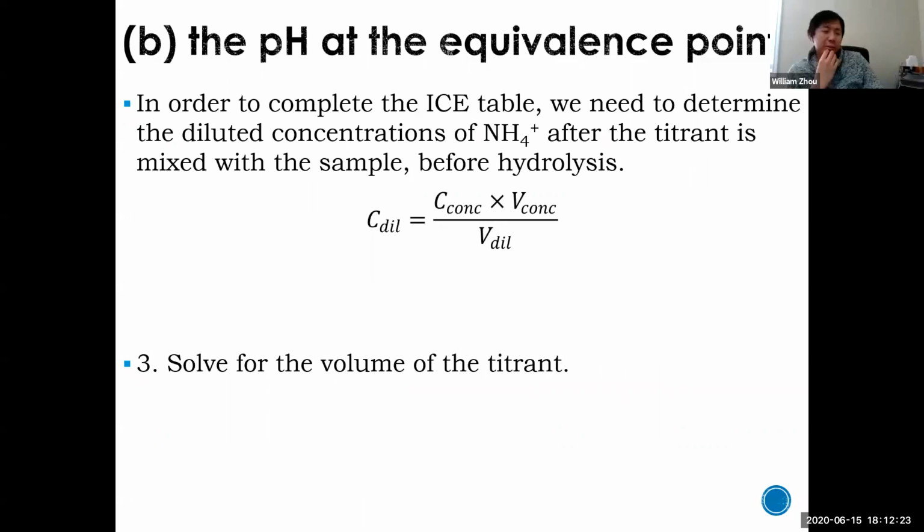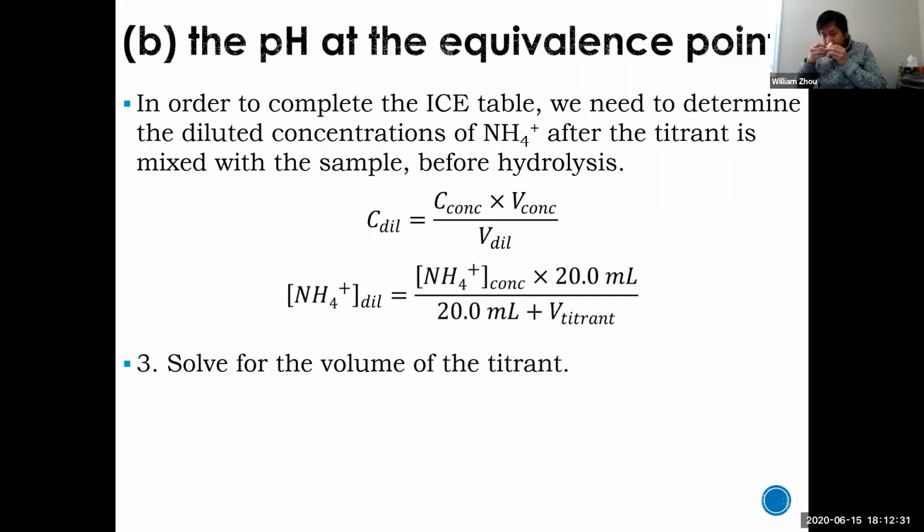So you can do a dilution calculation. The dilution calculation will calculate the concentration of your acid after you mix things together, right? So you have the initial volume of your acid, which is 20, given to you by the question, divided by total volume.